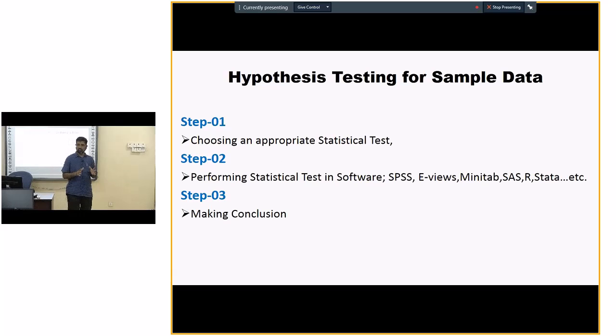The only thing is we have to decide your database and enter or feed your data into the software. After doing that task, within 1 second you can get the output, right? The important task at that time is to interpret your results, right? Then finally make a conclusion based on those results. We can conclude about the study, right?